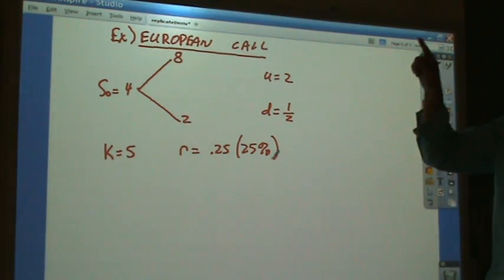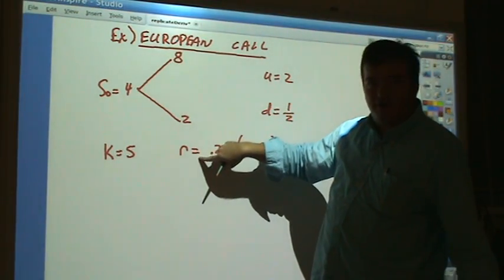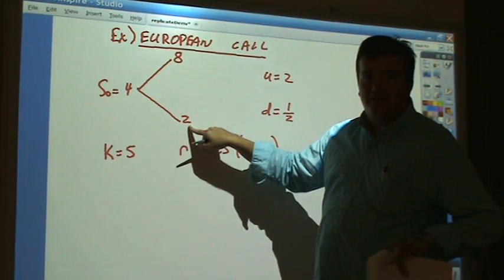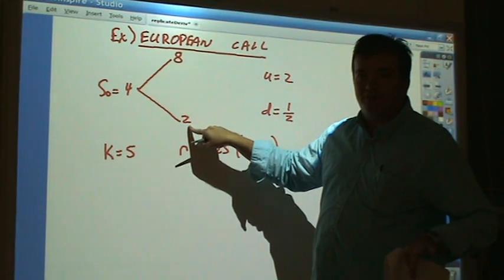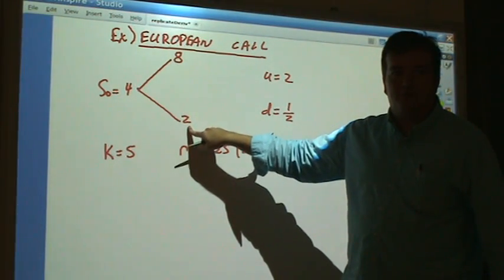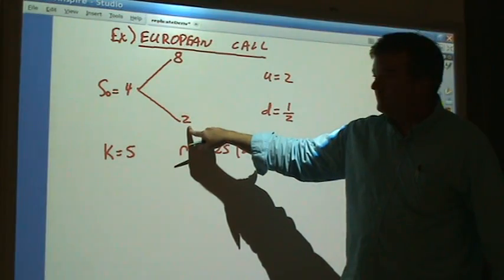If the market goes up to $8, the value of this option would be $3. If the market goes down, because it's an option, you don't have to exercise it, it would end up being 0.